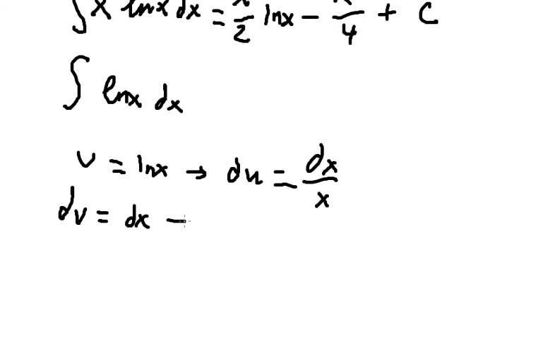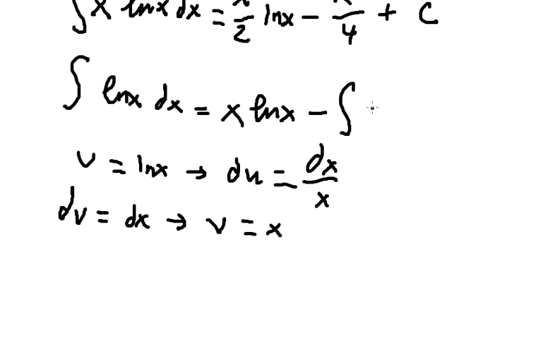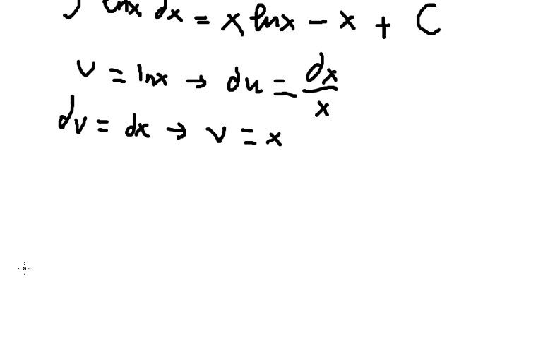The integration of this one, we have v equals s. So we have u multiplied by v minus the integral of v du. So we have the integration of ds, and this one you get s. Now we combine everything in here.